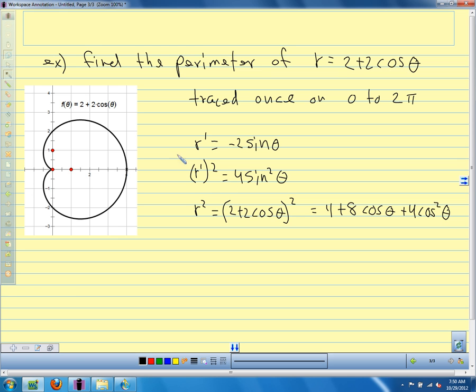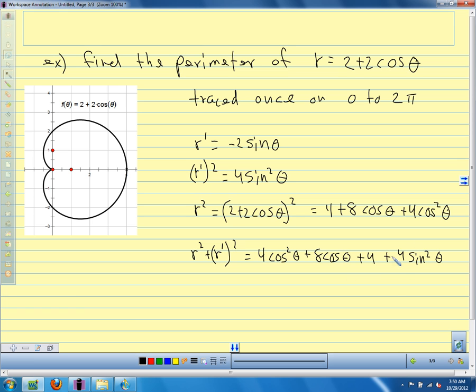I'm just going to simplify our expression that goes under the radical for our arc length before I actually start writing out the integral. So we need r squared plus r prime squared. So we get 4 cosine squared θ plus 8 cosine θ plus 4 plus 4 sine squared θ.